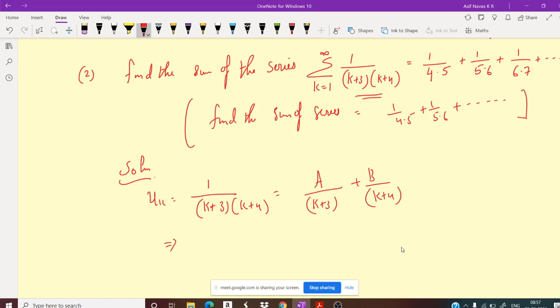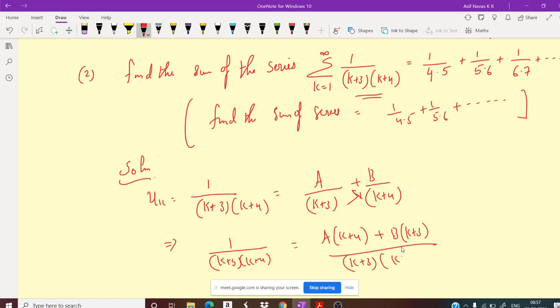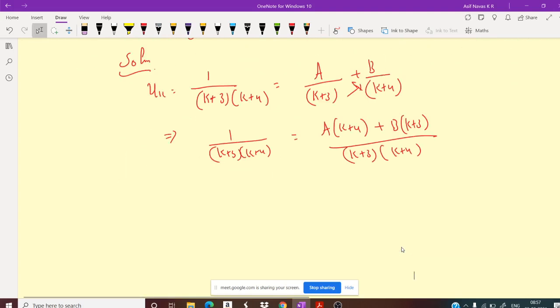So 1 by k plus 3 into k plus 4 is equal to a into k plus 4 plus b into k plus 3, divided by k plus 3 into k plus 4, cross multiplying. Since the denominators of both sides are equal, the numerators must be equal, therefore 1 equal to a into k plus 4 plus b into k plus 3.